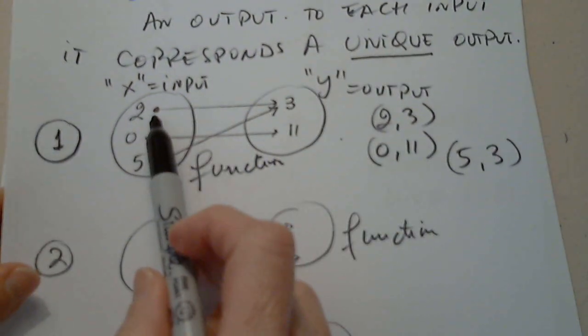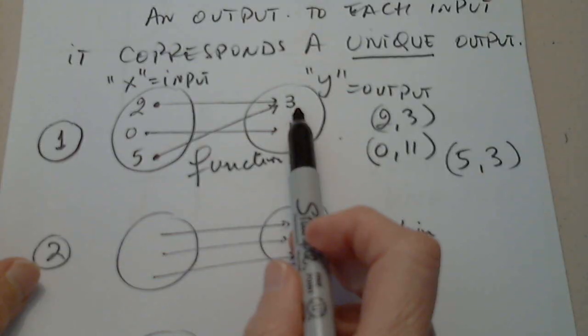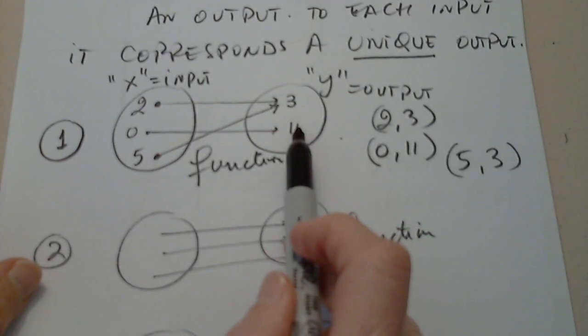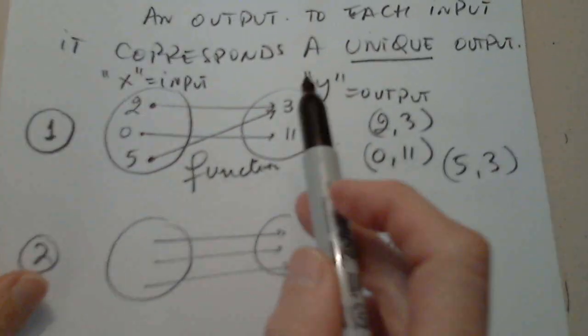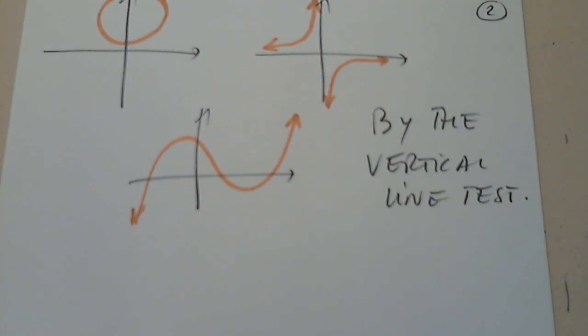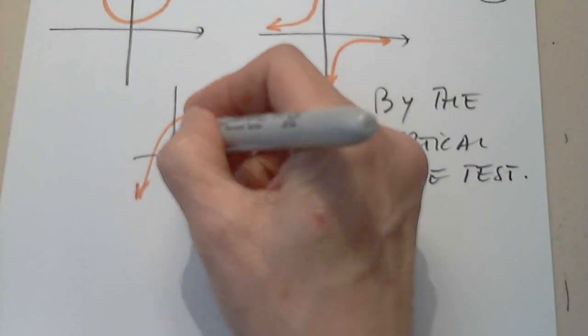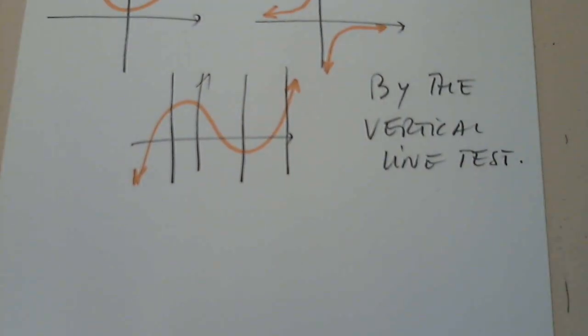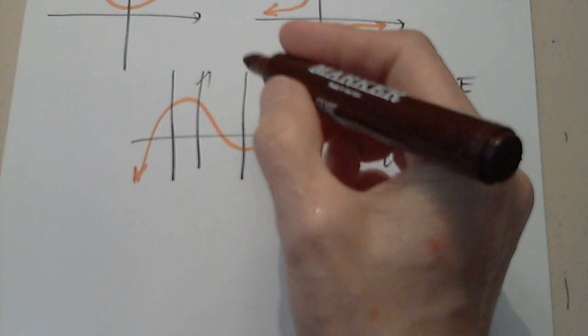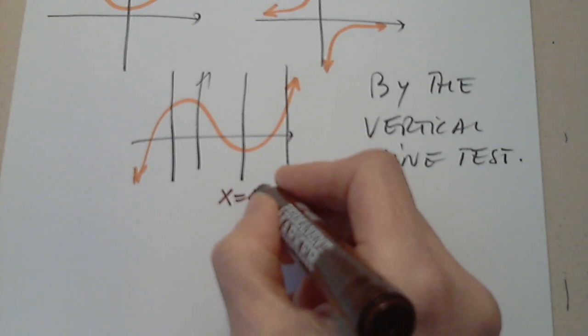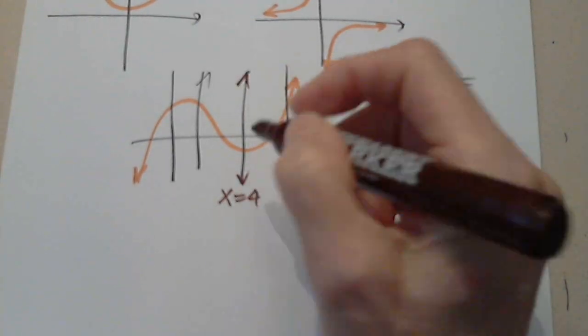So remember what we just said. To 2, it corresponds only 3. To 0, only 11, to 5, only 3. Meaning, by the vertical line test, and this is very important to understand because this is how we are going to read from a graph. For x equals 4, this is my x equals 4.